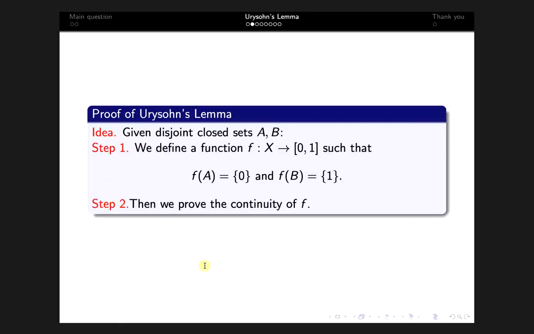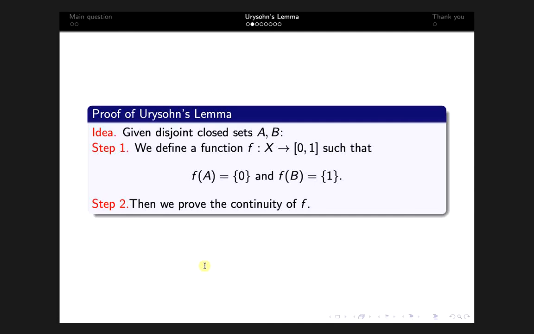Now we prove the main part of the theorem, the proof of Urysohn's lemma. The idea of the proof is the following. Given two disjoint closed sets A and B in X, the proof is given in two steps.